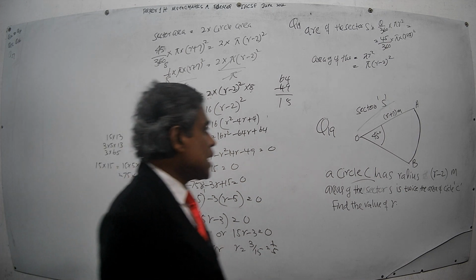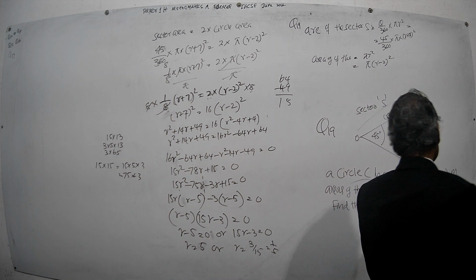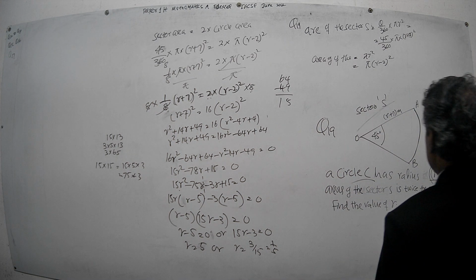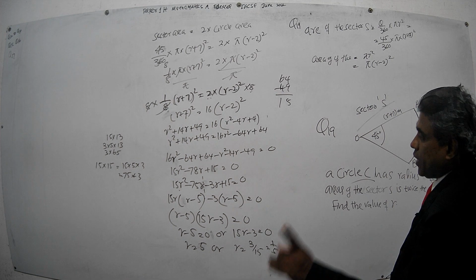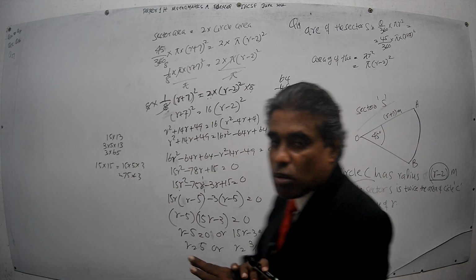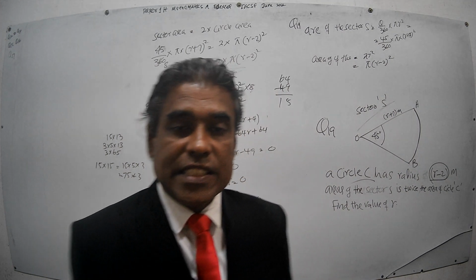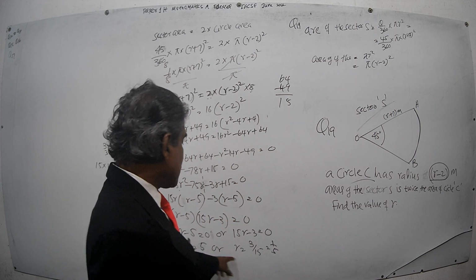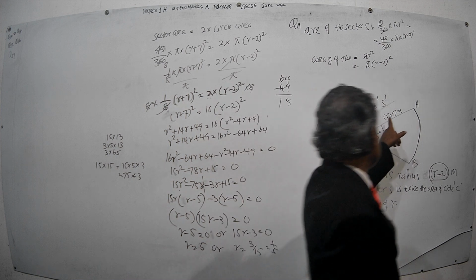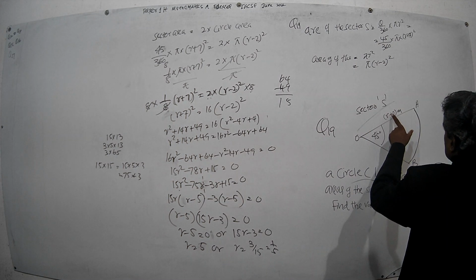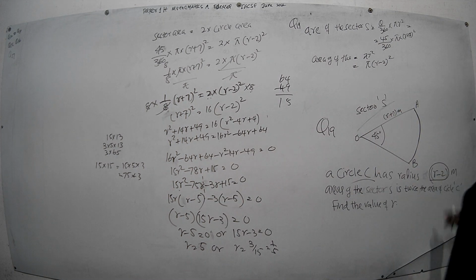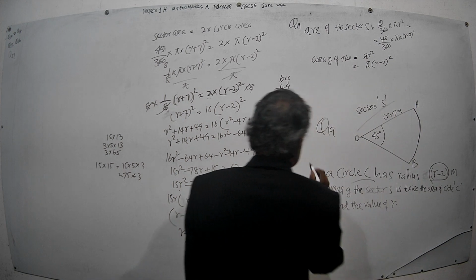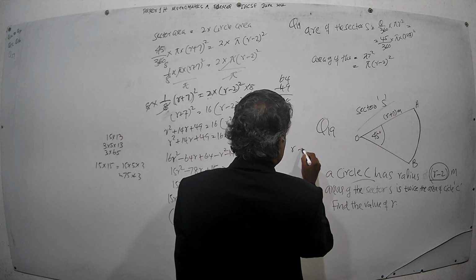Now we come to this diagram again. Here they say the circle has radius r. r must be a value that can be used for both radii. Then r equals 1 over 5 can be used for this one, 1 over 5 plus 7, 7 and 1 over 5. But can it be used for this one, where the radius is r minus 2?